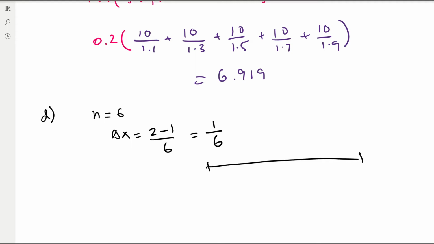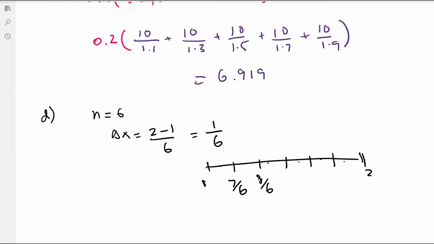Now the straight line going from 1 to 2, 6 intervals: 1, 2, 3, 4, 5, 6. Yeah, I have 6. So 1 plus 1 over 6 is 7 over 6. If you add another 1 over 6, it's 8 over 6.